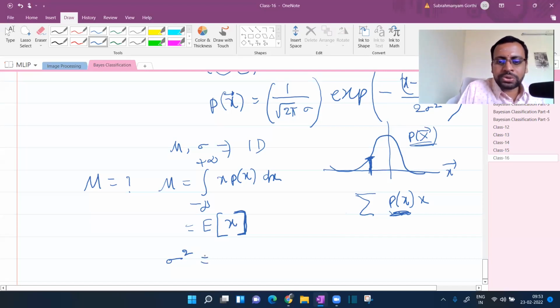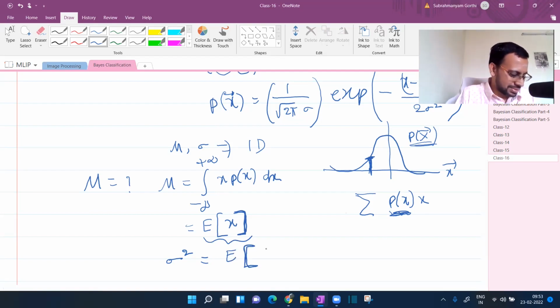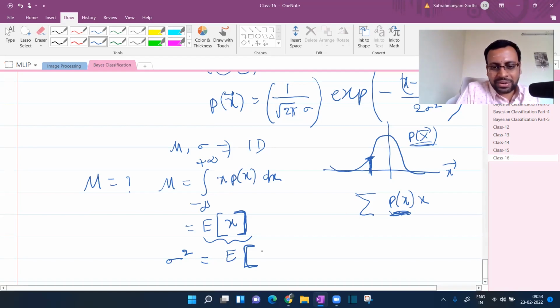Now the next question: how are you going to compute the variance on similar lines? First tell me in terms of this expected value how I can write it for variance. From every value, you subtract the mean: x minus mu, whole square.